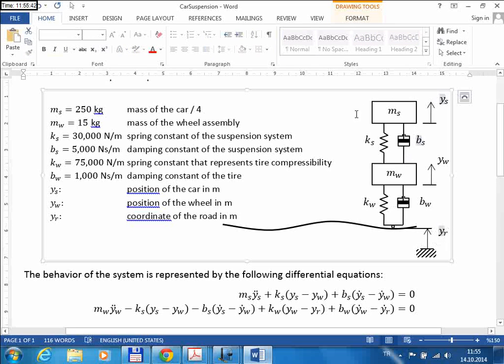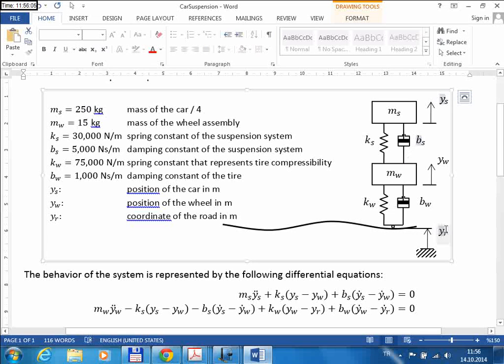So if this car is driving and the road is perfectly horizontal, then the car will remain in an equilibrium condition, right? Nothing will move. But if the car is driving along a rough road surface, as you see here, then the road surface variations will cause the car to move.